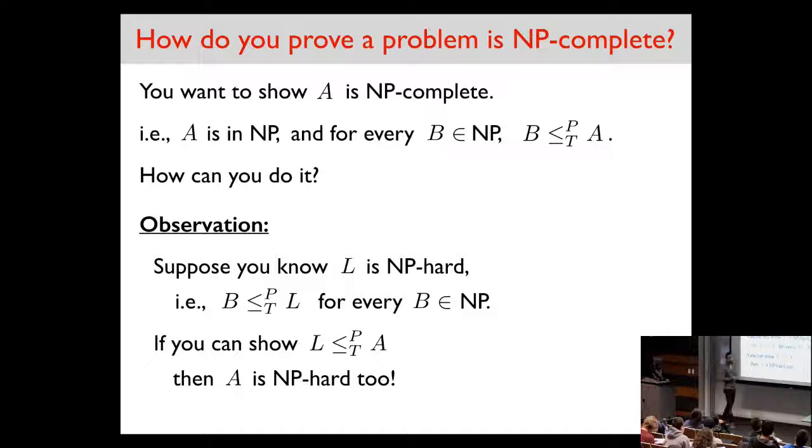Well, you can just show that this one NP hard problem L reduces to A. Reductions are transitive. So if every problem B in NP reduces to L, and L reduces to A, then every problem B in NP reduces to A. It's a transitive relation. So that shows that A is NP hard too.